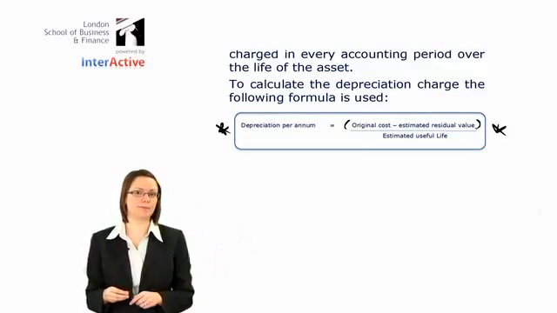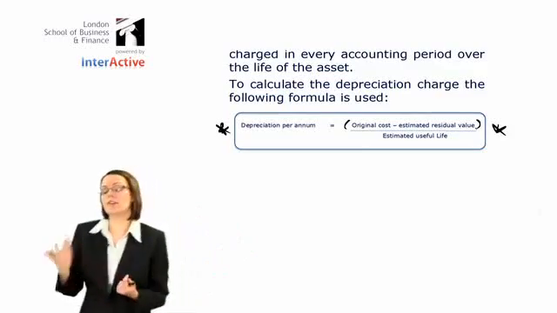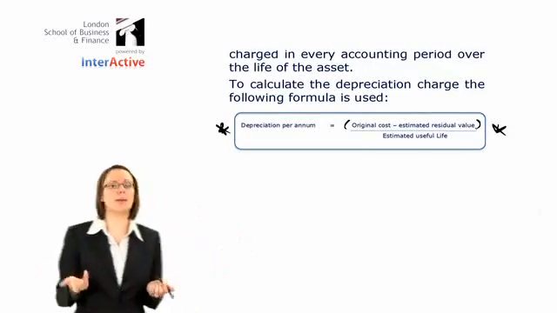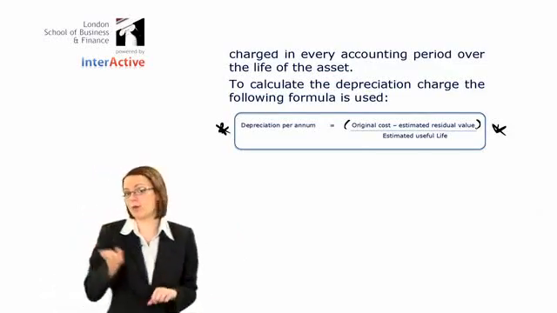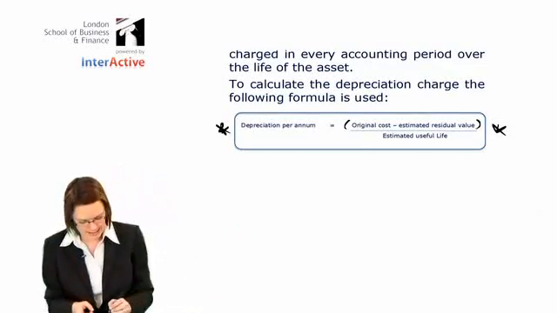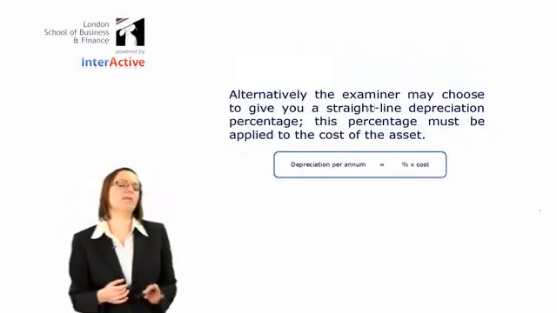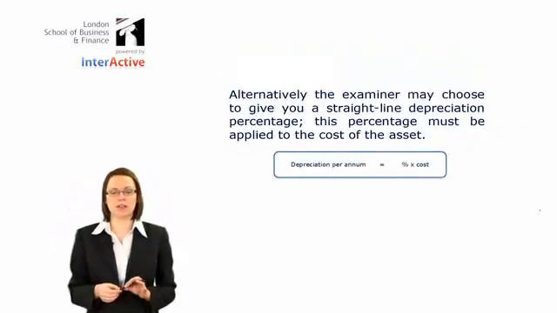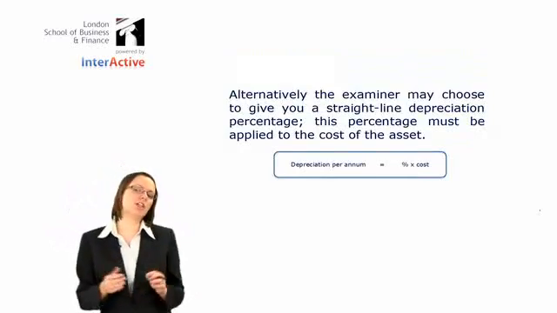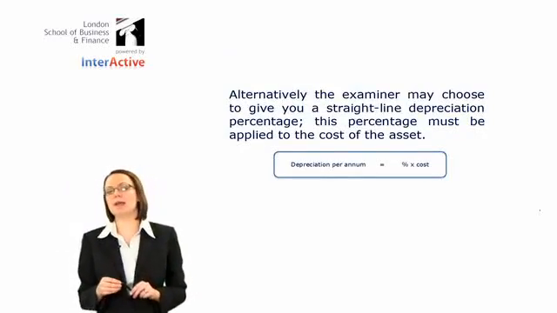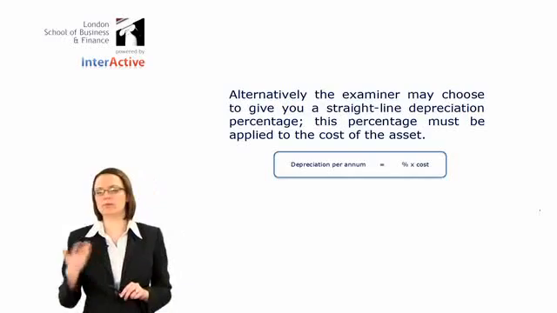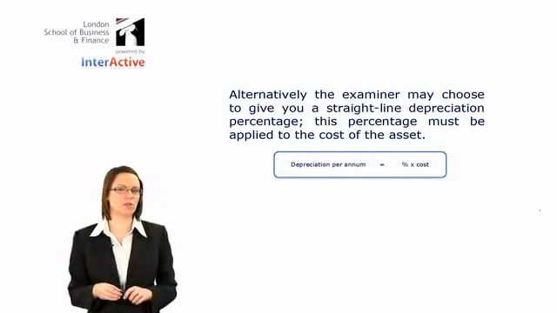It's really important. Now, the alternative way that the straight line method could be expressed, and what the examiner could ultimately test, is straight line based on a percentage. So, the depreciation per annum would be a percentage based on, let's say, the original cost.